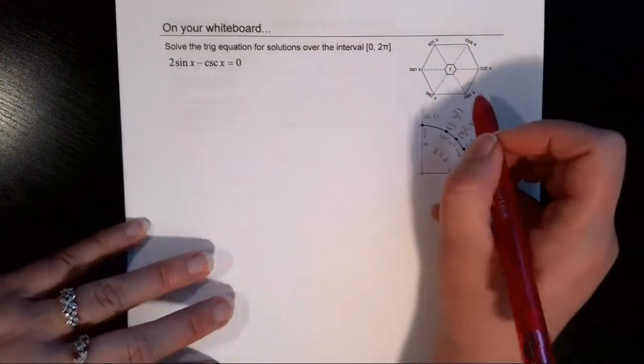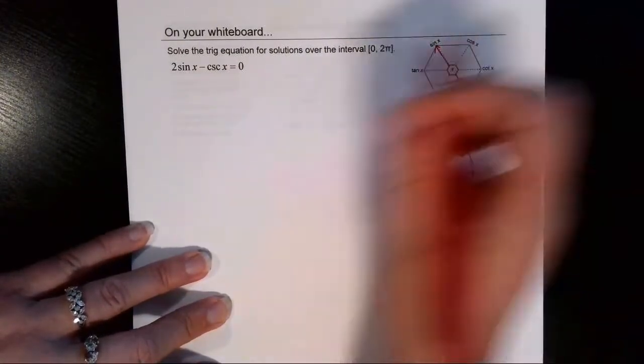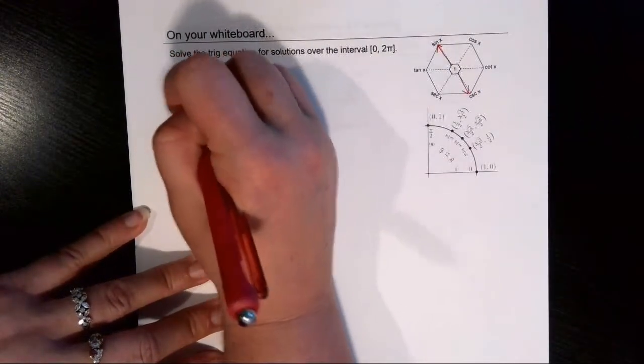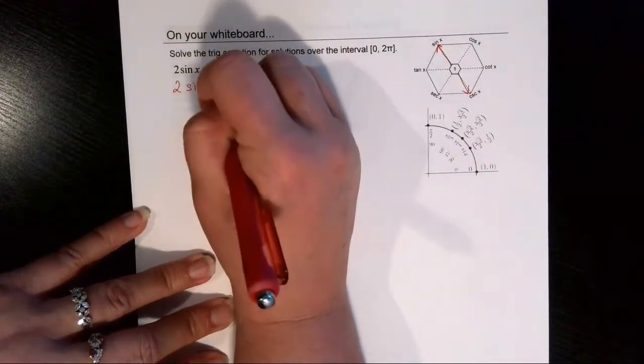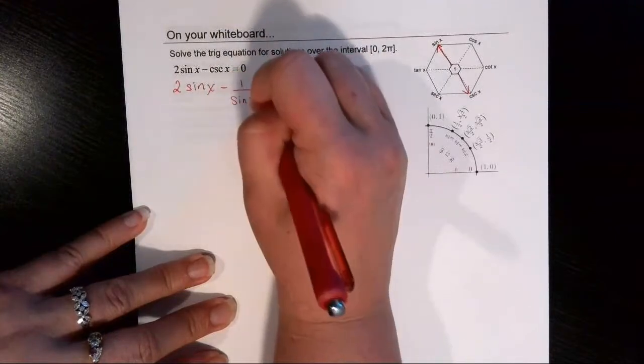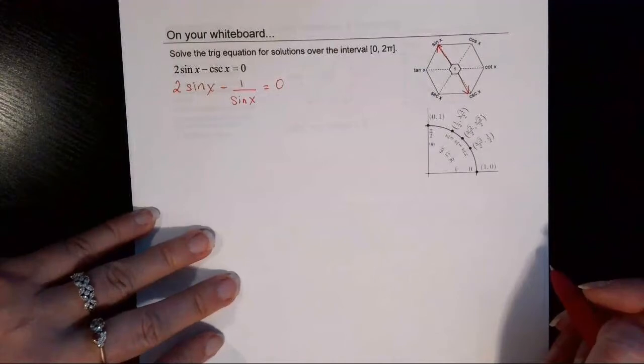And so I can replace that cosecant using that reciprocal identity to get 2 sine of x minus 1 divided by the sine of x equals 0. Right? And that was applying the reciprocal identity.